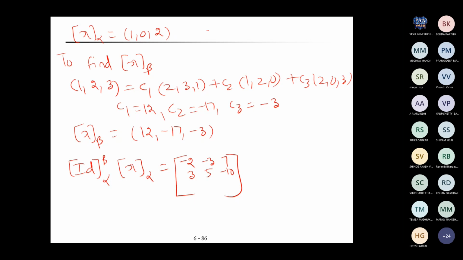Third row 1, 1, minus 2. Okay, into x alpha. X alpha is 1, 0, 2. So if you multiply, -2 plus 14, 12, correct. Then 3 minus 20, minus 17, correct. Then 1 minus 4, minus 3, correct, yeah. So which is x beta.